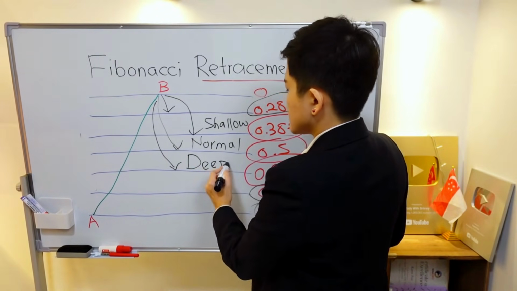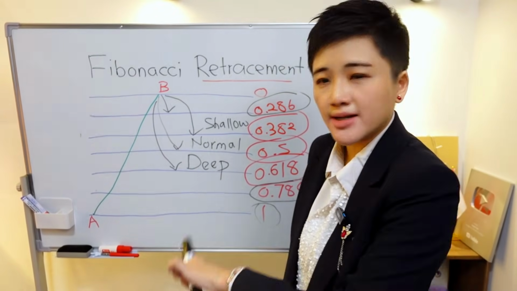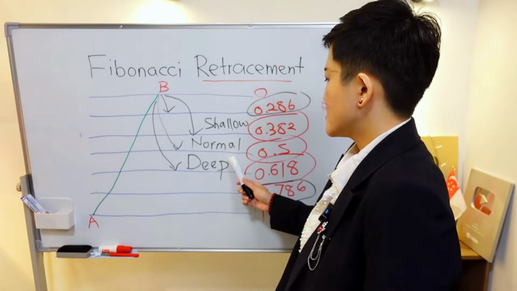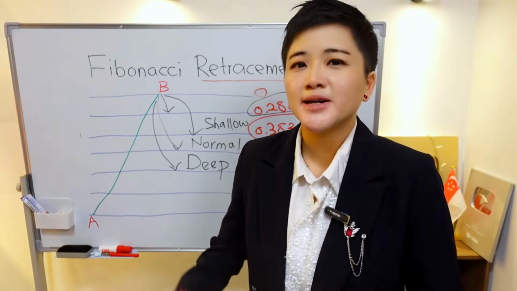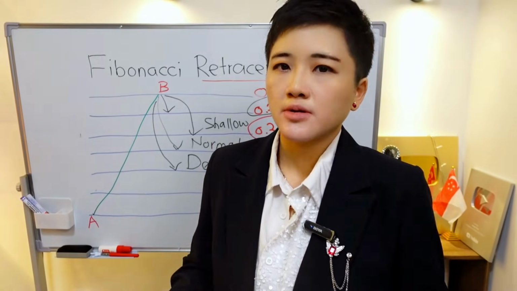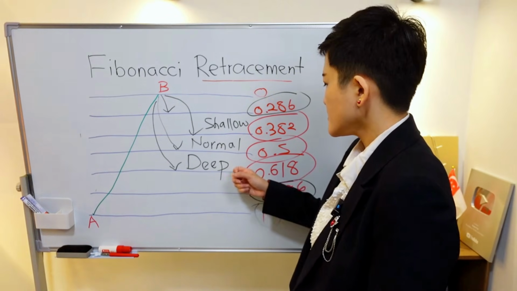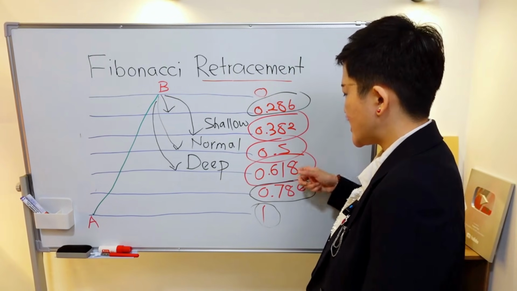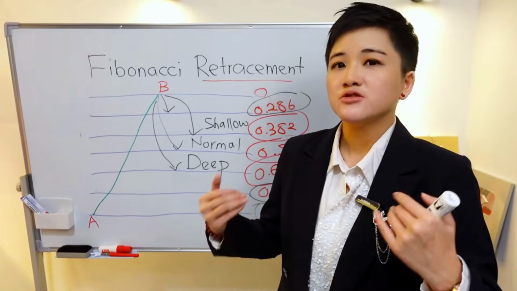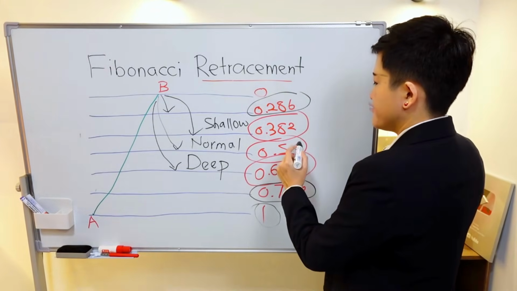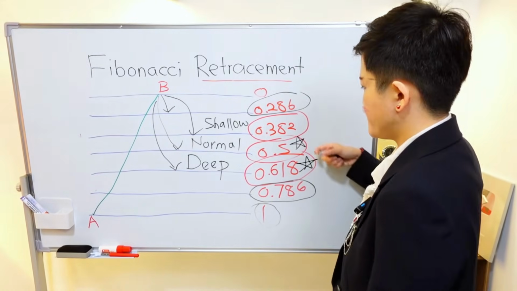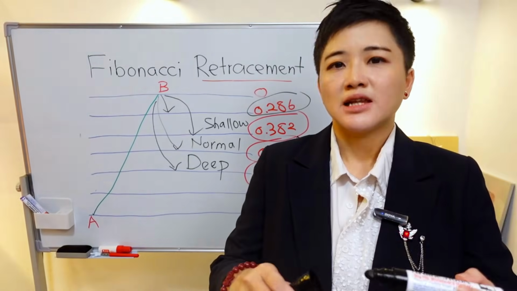This is the deepest you can go, because beyond that, trend is probably changing, right? So the deeper the pullback, the better the risk to reward ratio. So if you are a trader who loves a good trade with good risk to reward ratio, 0.618, this is a lucky number, 618. So my favorite levels, personally for me, I would love it if prices retrace to these two levels.